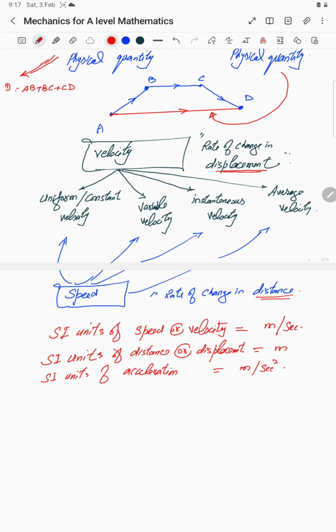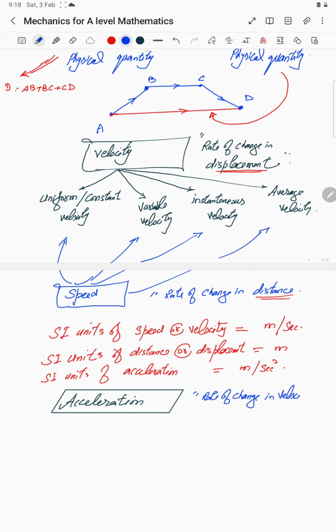Okay, now the next term I would like to discuss with you is acceleration. Acceleration is defined as the rate of change in velocity, because it's also a directional quantity, and it has the same types as velocity.